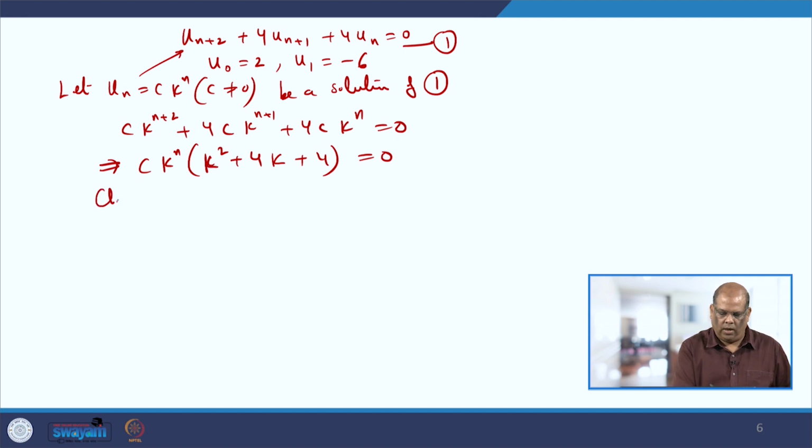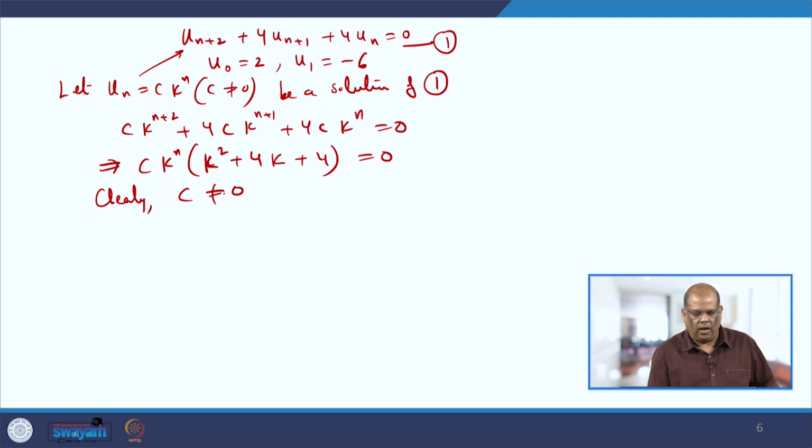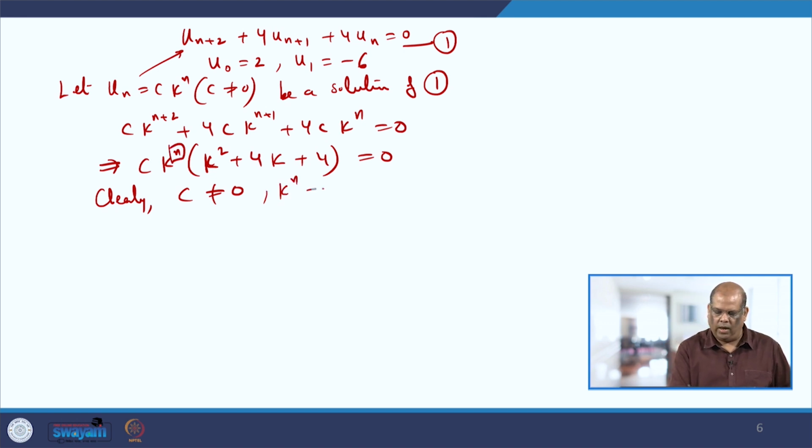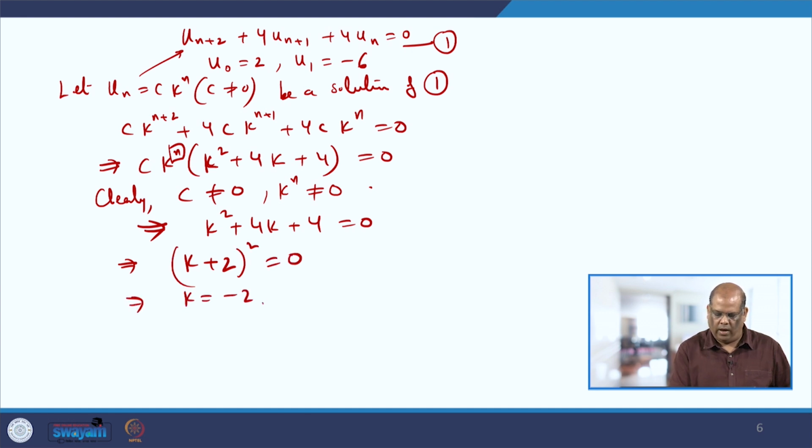So clearly c not equal to 0, and there is no value of n for which k to the power n can be equal to 0. So this will mean k square plus 4k plus 4 equal to 0. And this implies k plus 2 whole square equal to 0, and we have a repeated root.